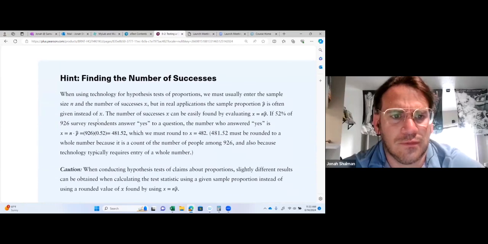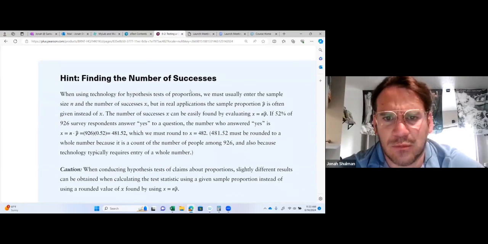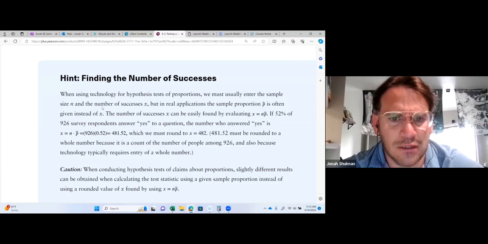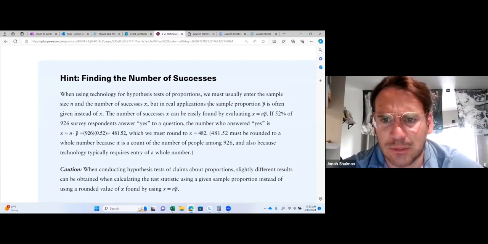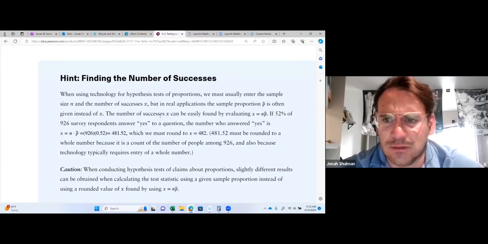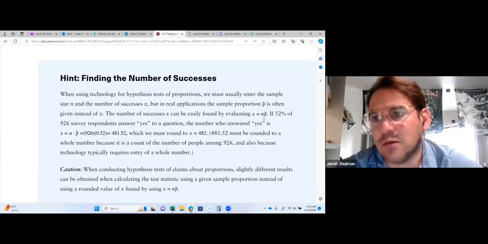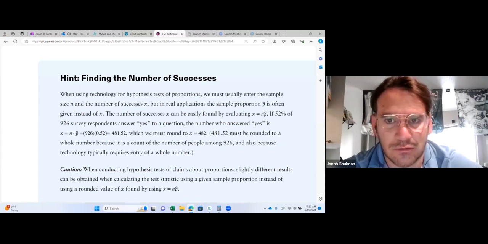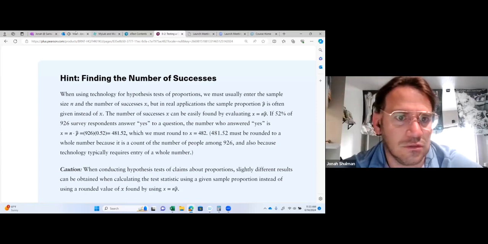So here's a hint. When using technology for hypothesis testing, we must usually enter the sample size n and the number of successes x, but in real applications, the sample proportion is often given instead of x. The number of successes x can easily be found by doing, oh, see, this is what I've been doing. Yeah, I've been doing the total times the percentage to get the value, which is nice.